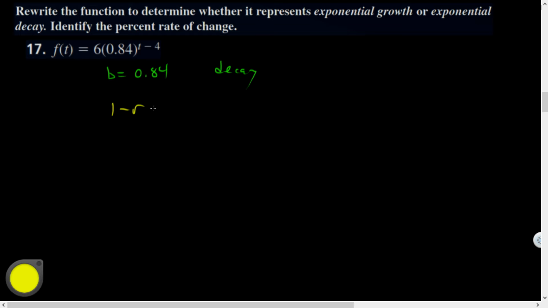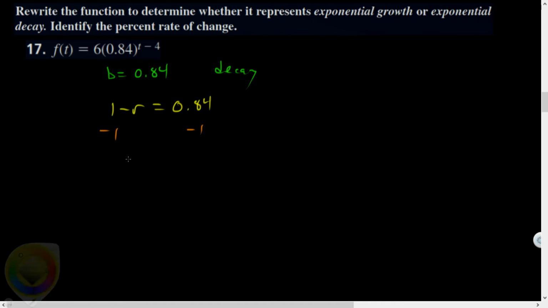So the value of b is 0.84. So it's going to be decay, because that's less than 1. The value of r is going to be exactly what I just did a moment ago. 1 minus r is equal to b, so that's equal to 0.84. Subtract 1 from both sides.